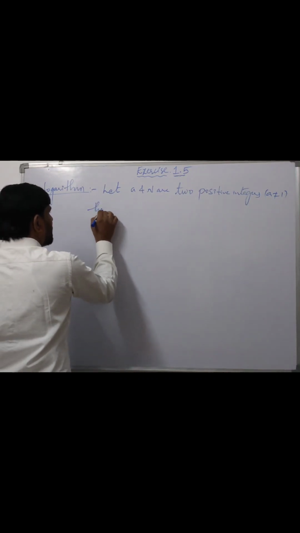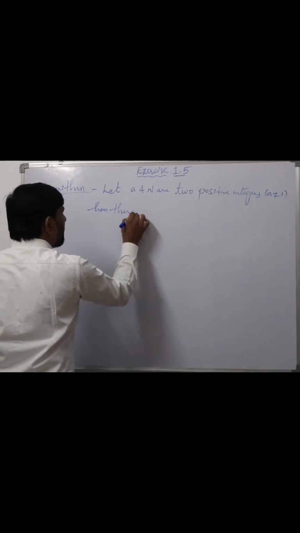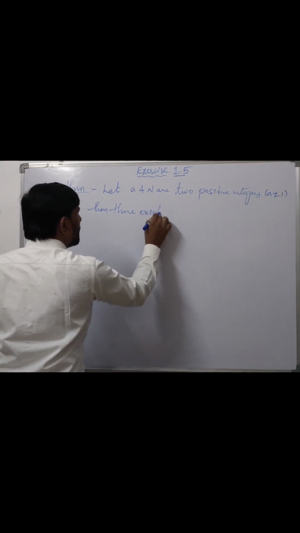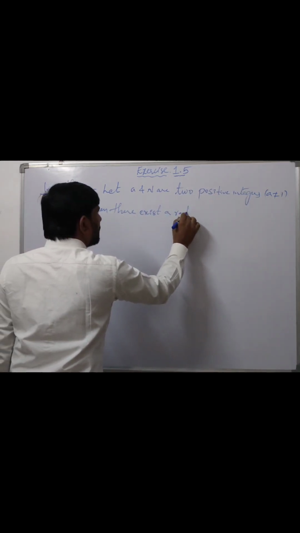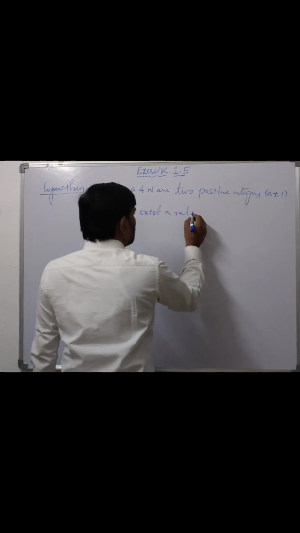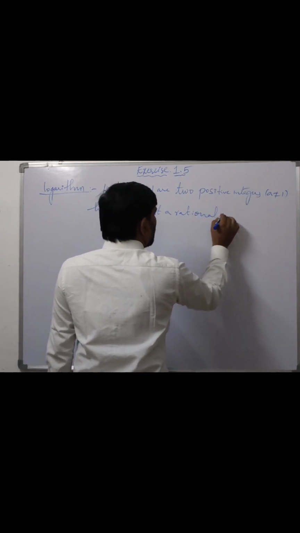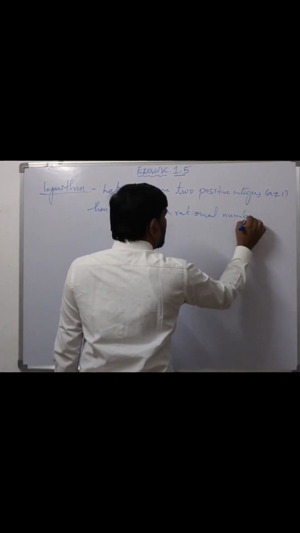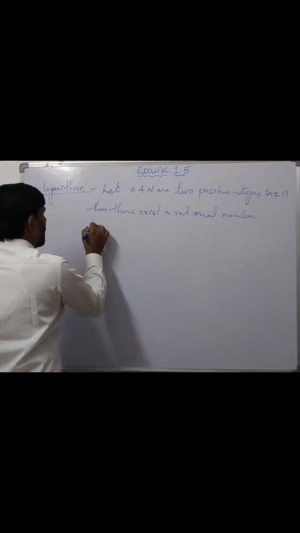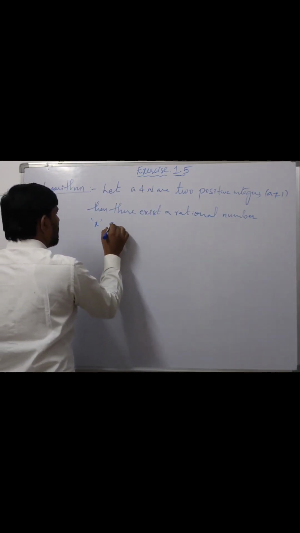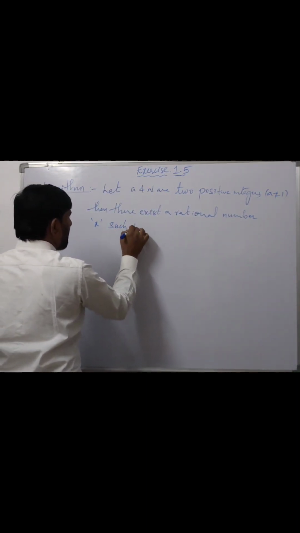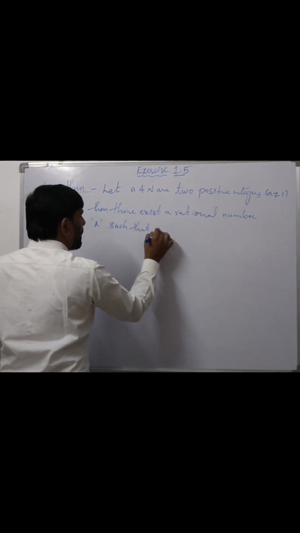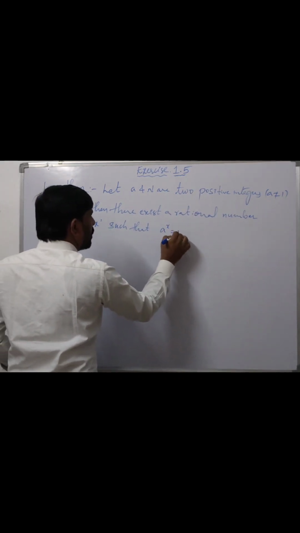Then there exists a rational number x such that a power x is equal to n.